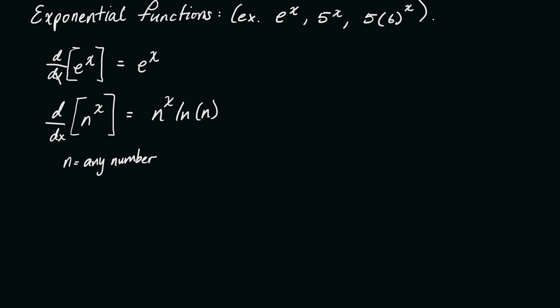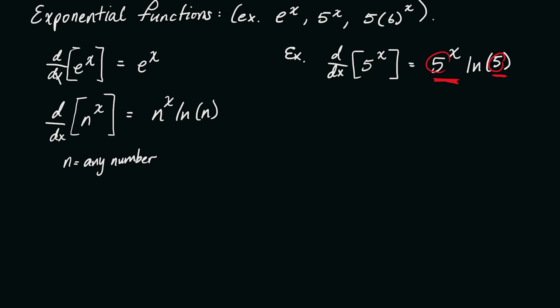So it's not too bad, right? So, as a few examples, if we had d over dx, the derivative of 5 to the x, that's just going to be equal to 5 to the x times ln of 5, right? Because you're maintaining the original function, but then you're also adding onto the ln of whatever number you have. So the 5 here in this case.